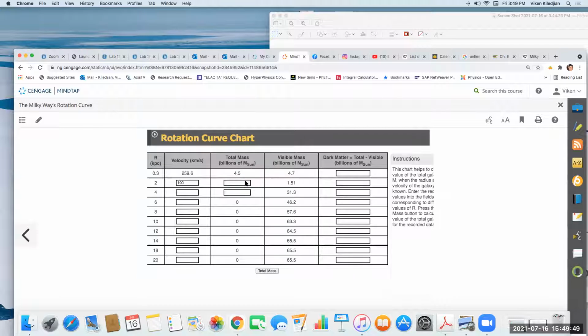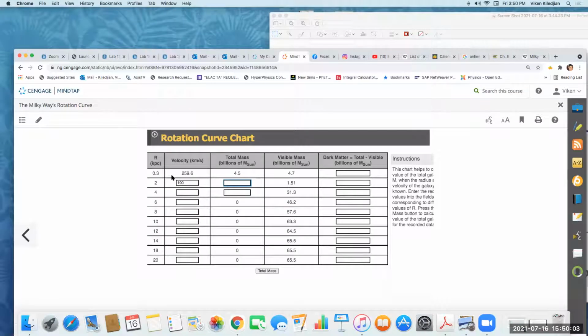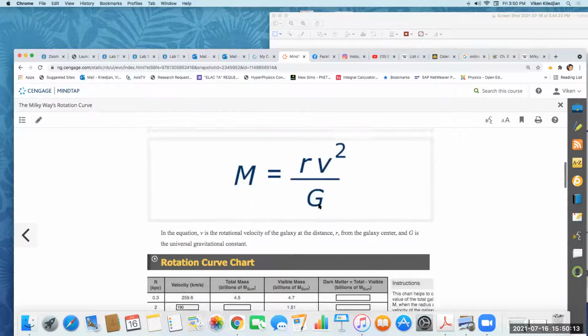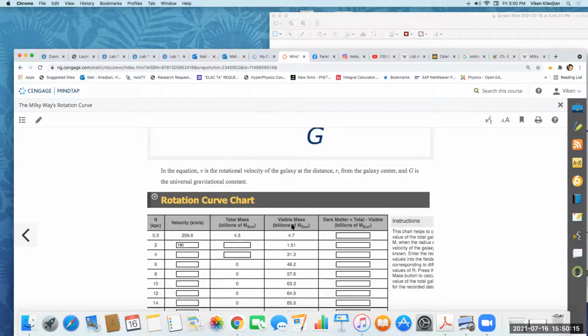So then you're going to put it into that equation, and you're going to calculate how many billion solar masses that is. So basically put this data, 2 kiloparsecs, velocity 190, into this equation, and then find out how many. This one is going to be in billions of solar masses.